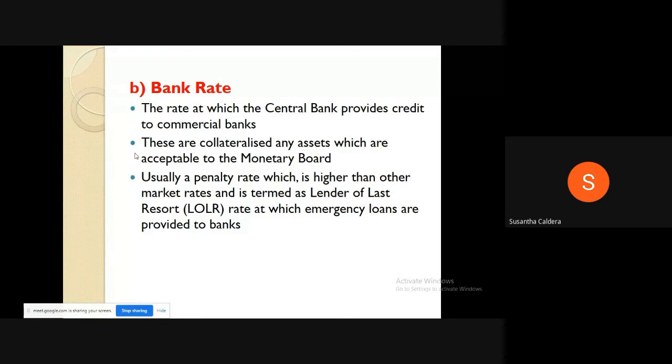But when you borrow money from the central bank, there will be so many controls.